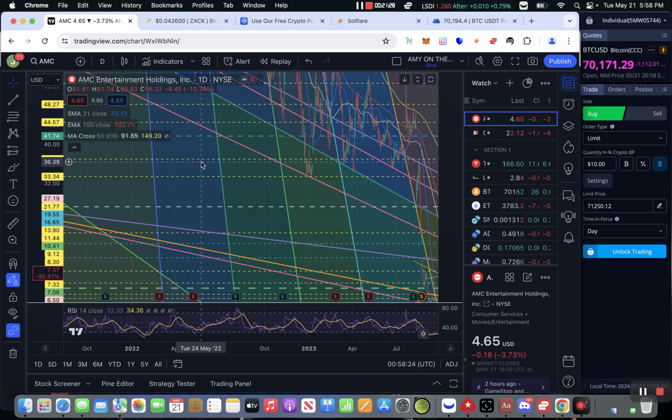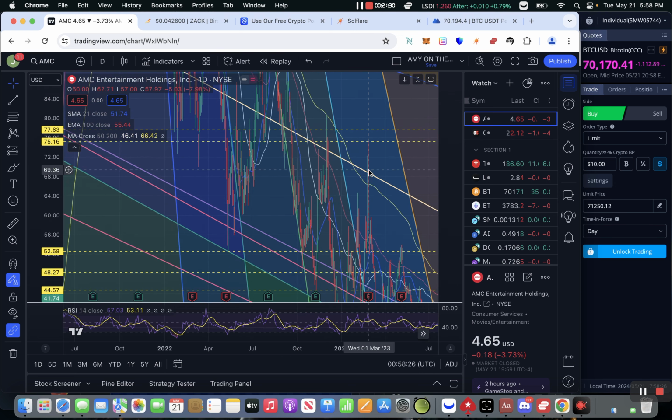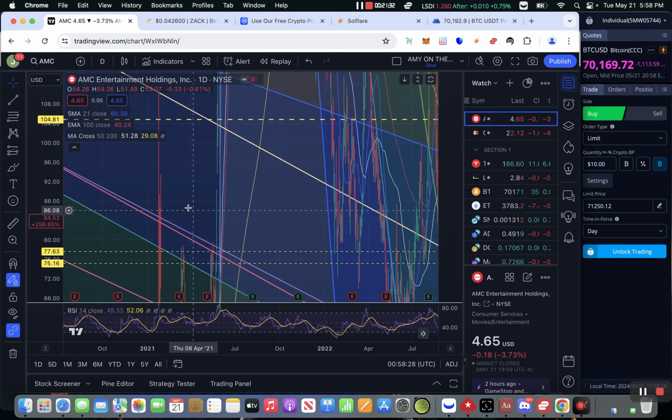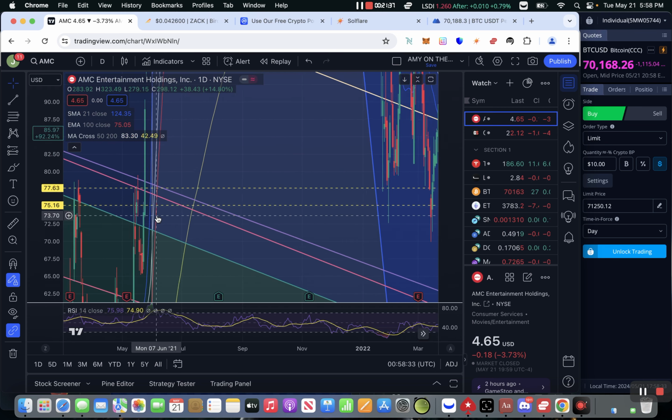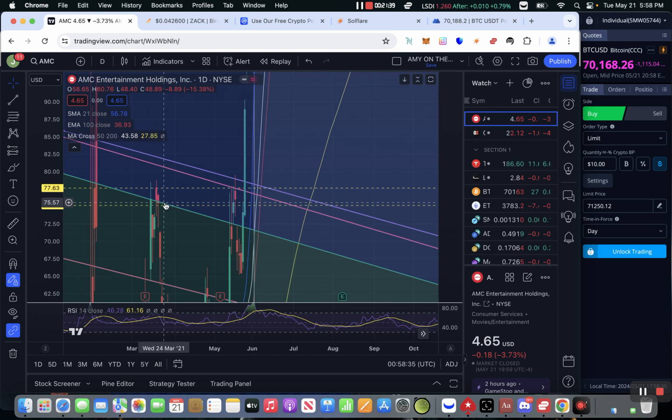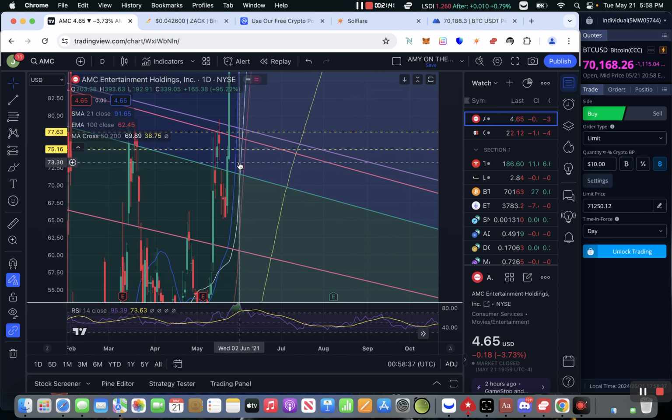These are important as well. Not as important as this one, I believe, but these are important because I just wanted to put some lines here, particularly right here in May, when we started melting up.